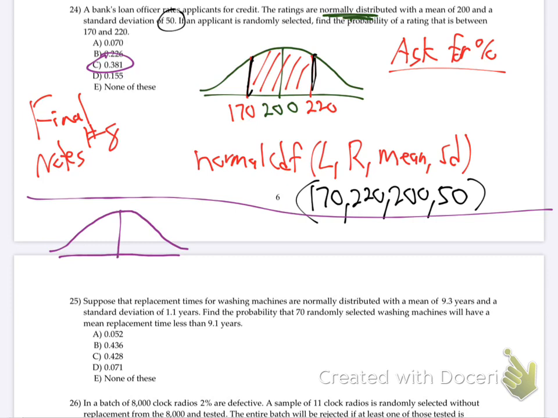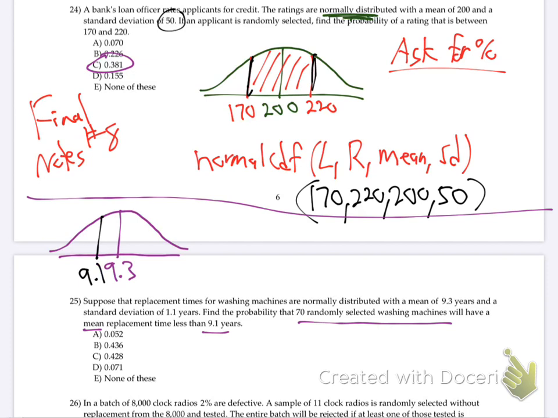Let you try that one. All right, so what is the mean? 9.3. So the average washing machine in this problem lasts 9.3 years. And find the probability that 70 randomly selected washing machines will have a mean replacement time less than 9.1 years. Where's 9.1? Right here.